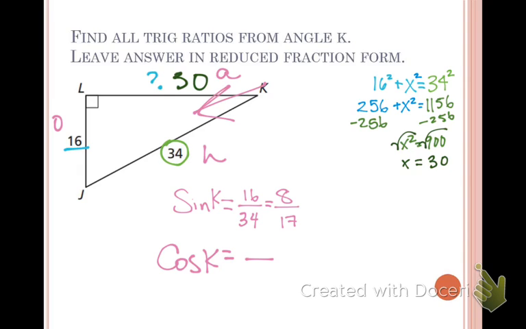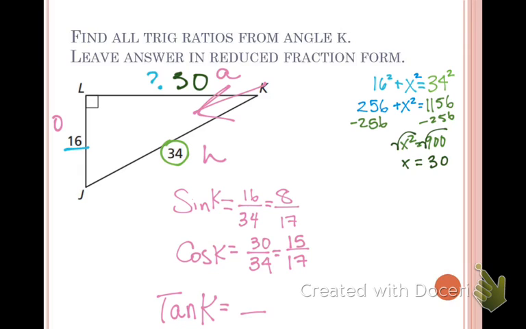Adjacent is? My hypotenuse is? What does this reduce to? 15 over 17. All right, we got one more, which would be tangent. Give me 2 seconds to find room. Tangent of K equals opposite over adjacent. So opposite is? My adjacent is? What does this reduce to?